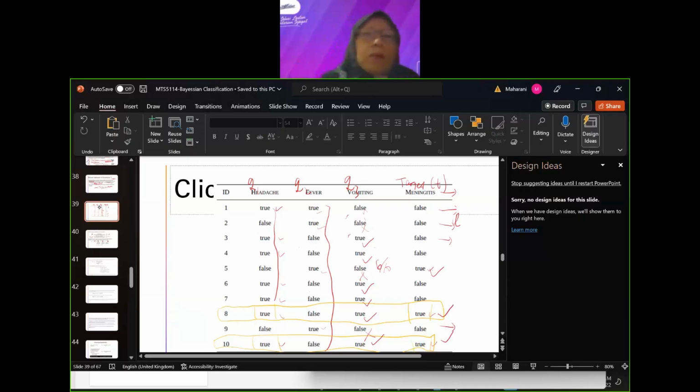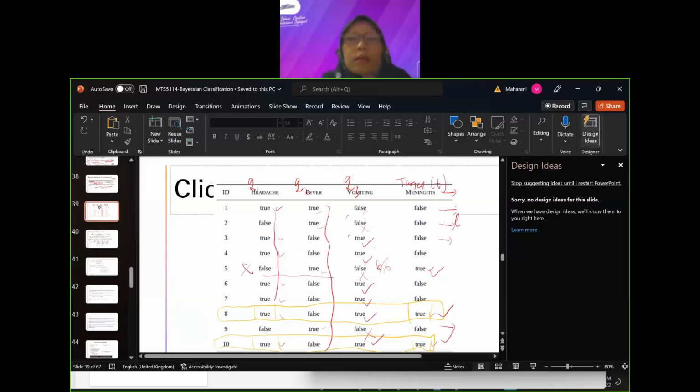Now, the features that we want are Q1 true, Q2 false, Q3 true. So which one is it? With the condition true, you just look at the target first, true, and then you look at the left: Q1 true, Q2 false, Q3 true. This one, no, it's not, because Q1 is false.